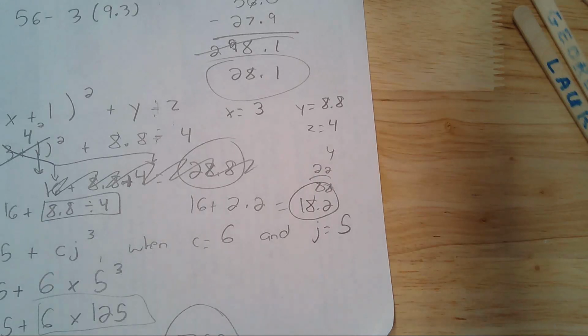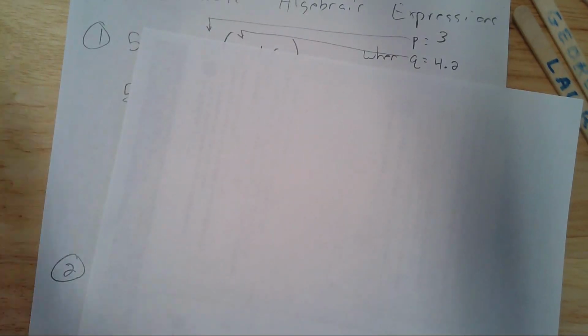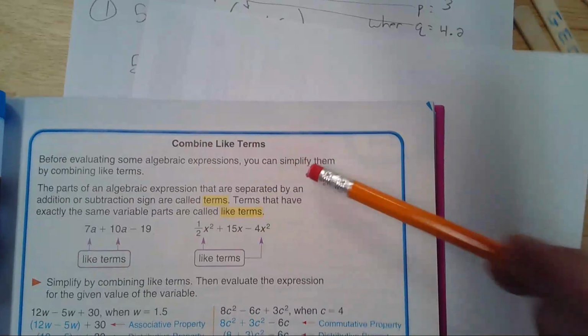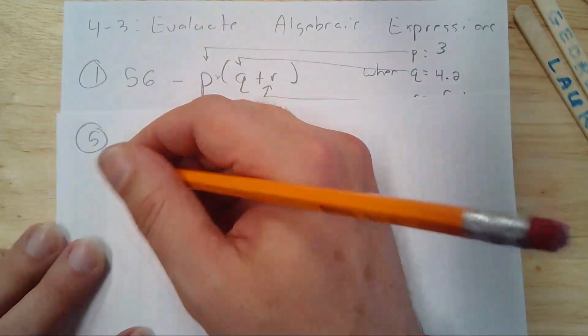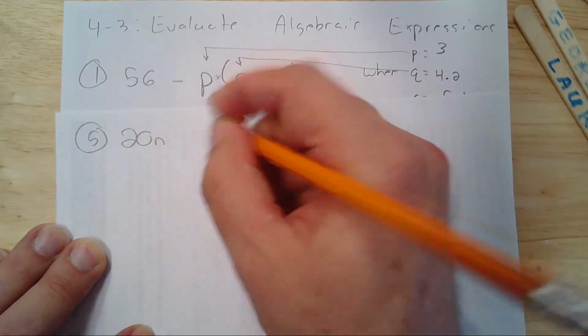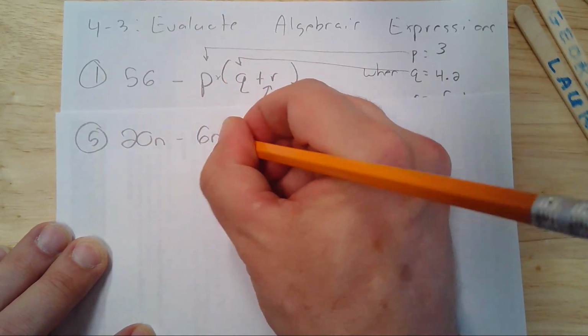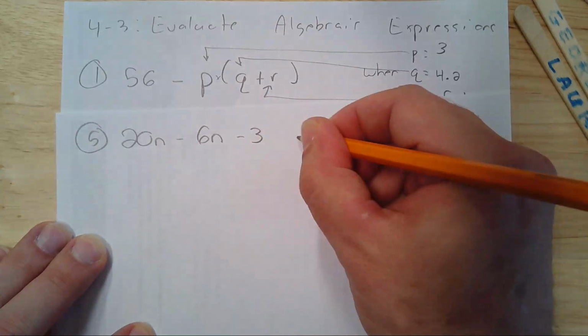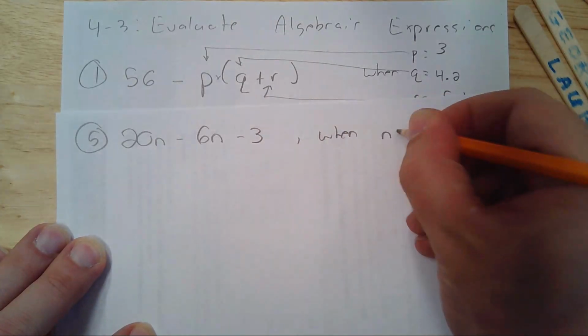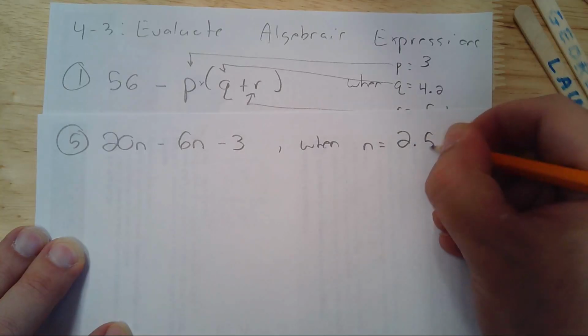All right, let's look at page 127. I'm going to write number 5 down, I suppose. And then it says when n equals 2 and 5/10.